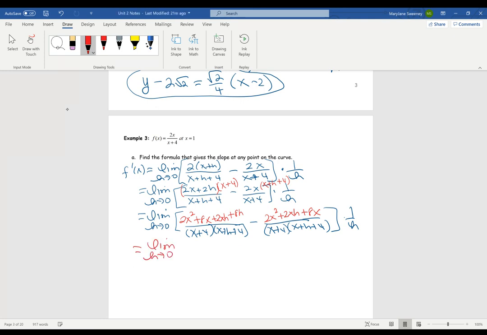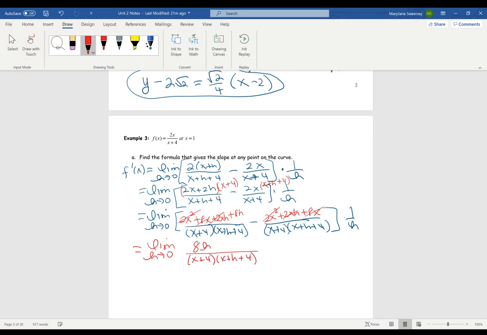Limit as h approaches 0. So now, again, what you're going to notice on the top, 2x squared minus 2x squared is 0. 2xh minus 2xh is 0. 8x minus 8x is 0. So all I have left on the top is 8h over the denominator, right?